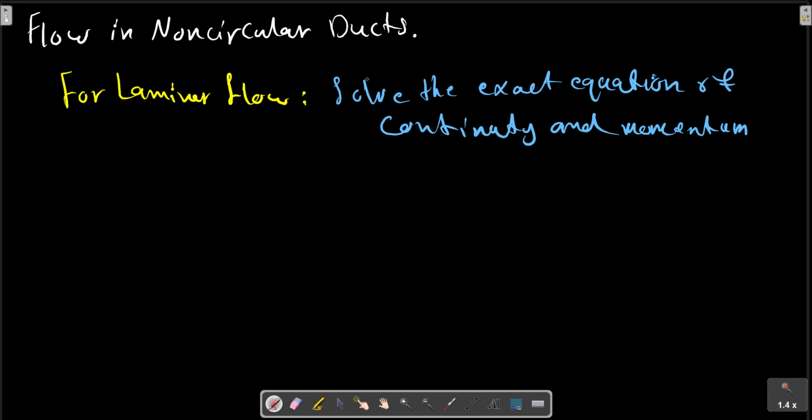For turbulent flow, the logarithm law velocity profile can be used, or the hydraulic diameter is an excellent approximation. So, in the logarithm law velocity, we have formulation for logarithm law.